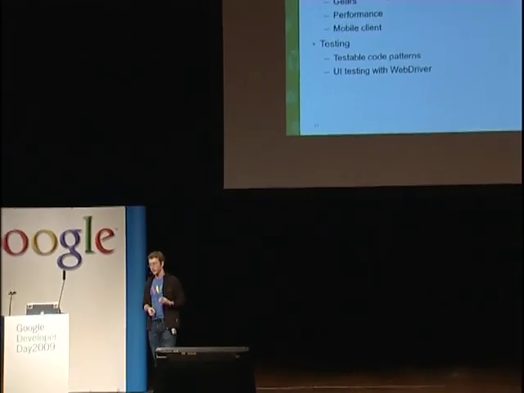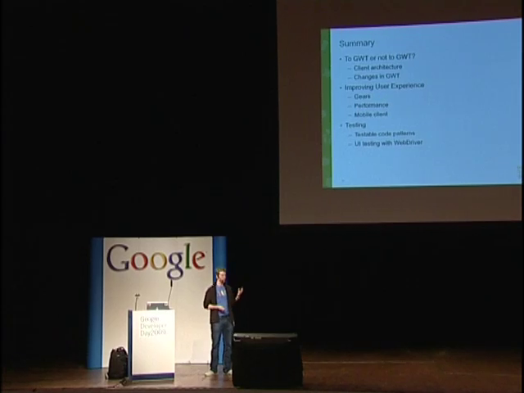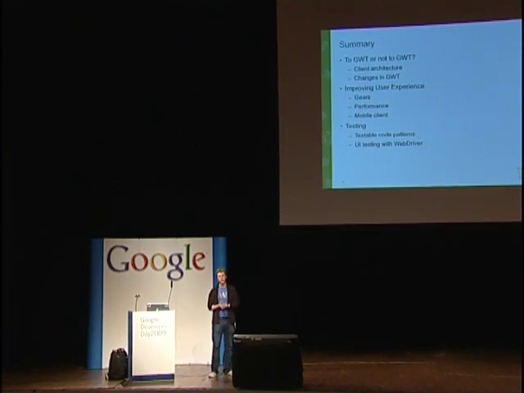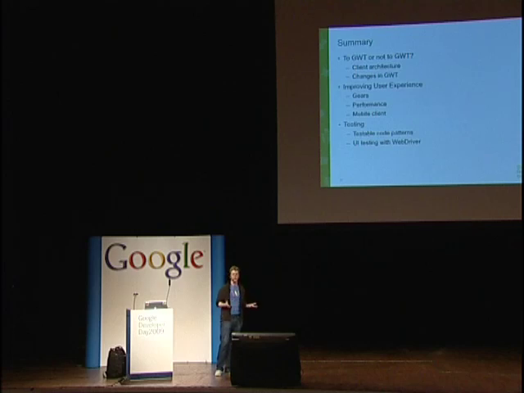So that concludes the talk. In summary, I talked about the initial decision of whether or not to build the Wave client using GWT. I talked about what we needed the Wave client to be and what we needed from GWT in order to do it. And not everything was there at the time. Now it is.